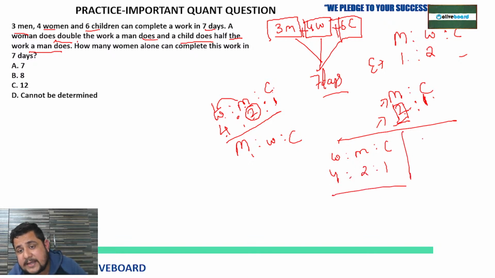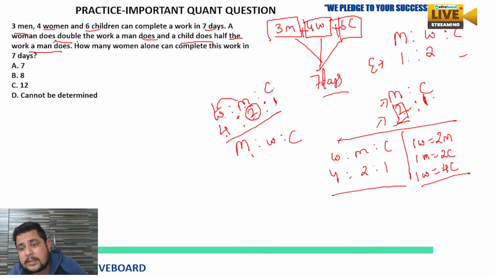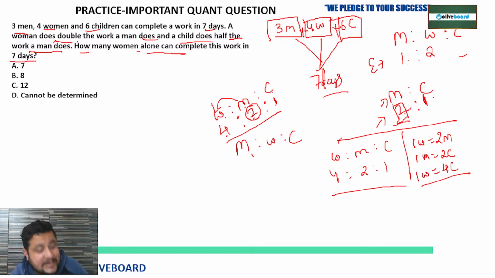So I can say easily 1 woman equal to 2 men, right? And 1 man is equal to 2 children. So 1 woman will be equal to how many children? 4 children. Are you getting this point? Because this is what we needed here. Now, what they have asked us, finally, is how many women alone can complete the work in 7 days.